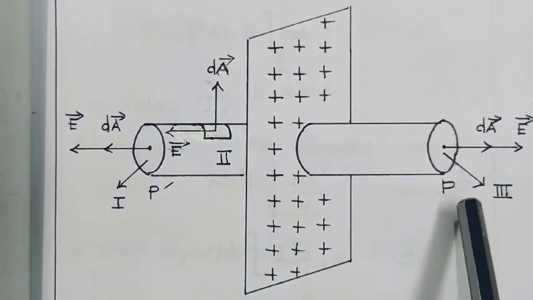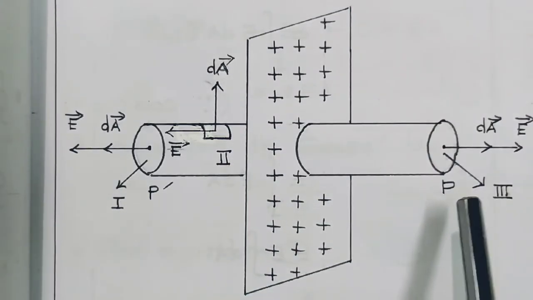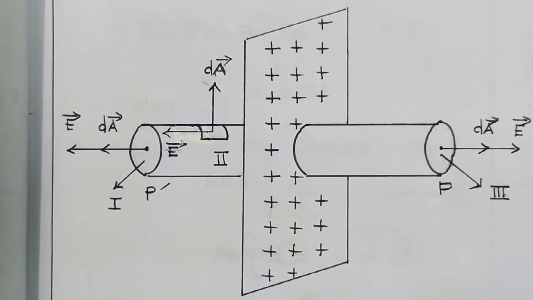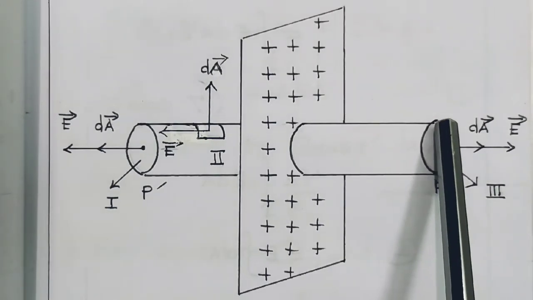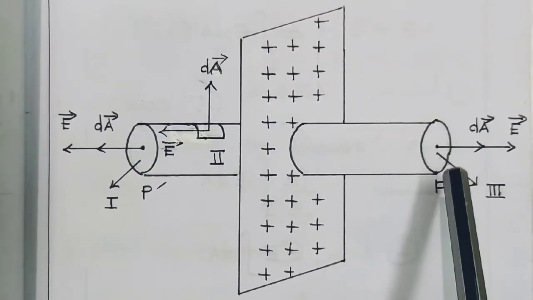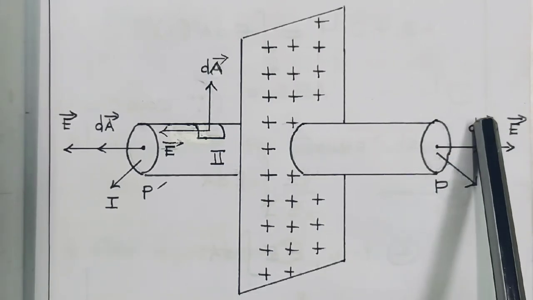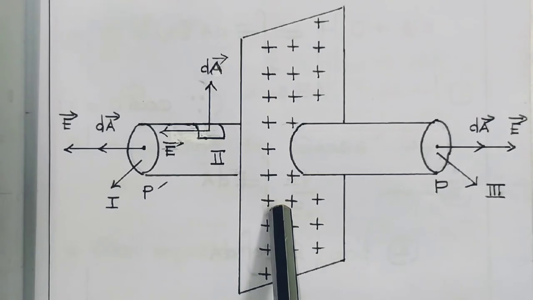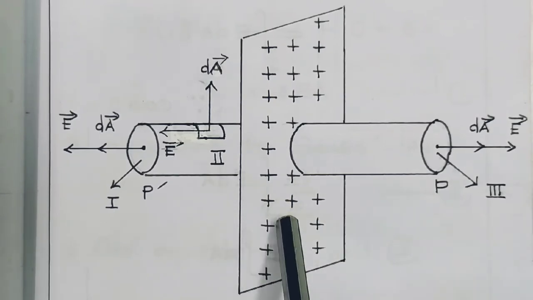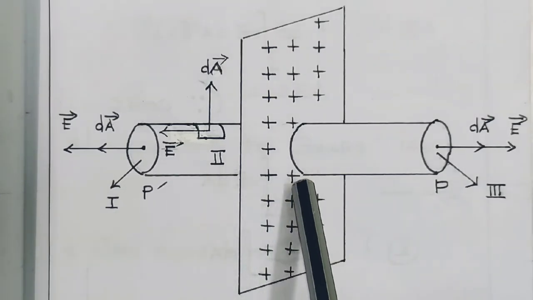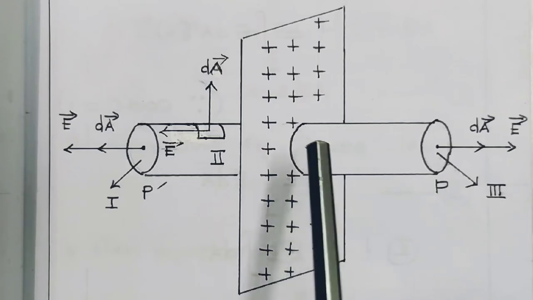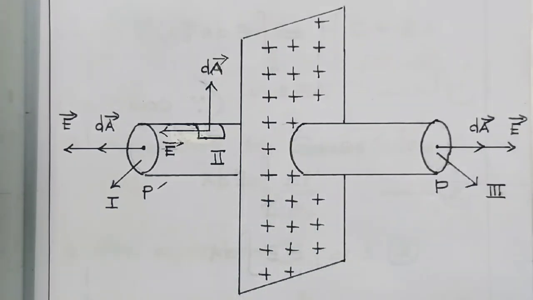So in the surface at P, I have taken the area vector. Consider this surface as dA, so the area vector is dA vector. As it is a positively charged sheet, the electric field is oriented in this direction.